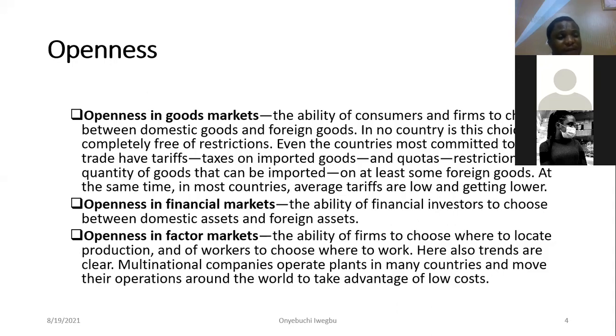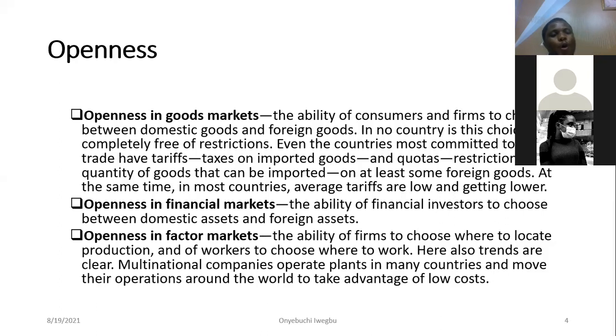Else, that particular market will be open. So no matter how you preach openness, another word for which is globalization, there will always be cases whereby there are restrictions on some imported goods.